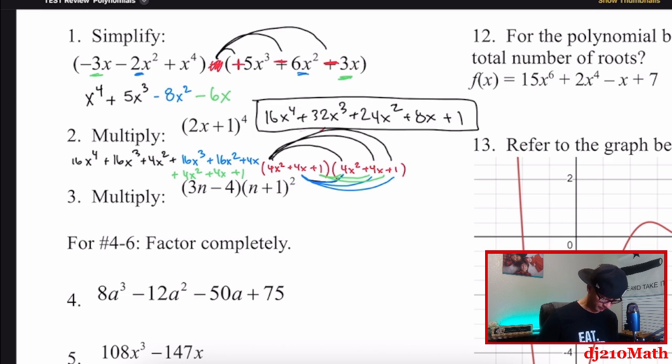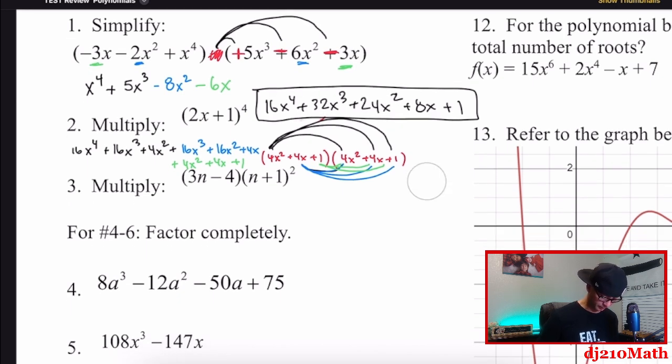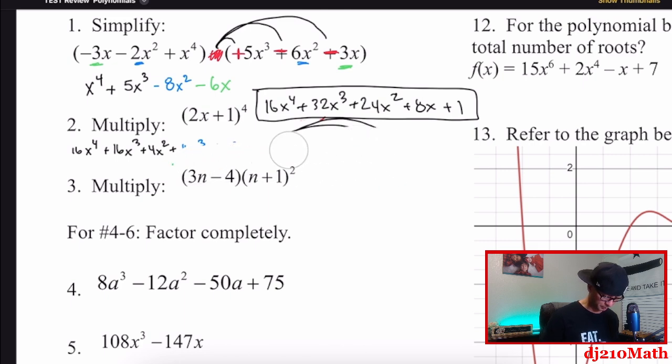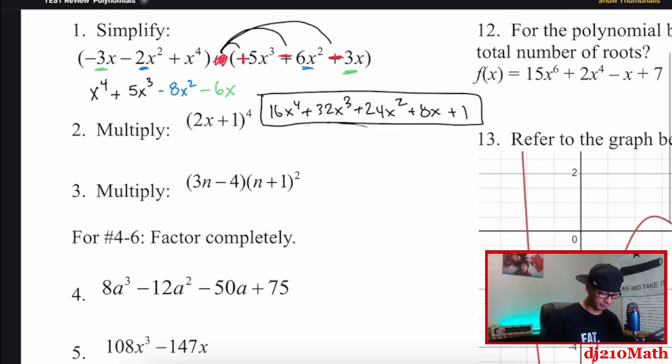Okay. Number 3. Look, I'm going to erase this so I can have some room. Okay, this is going to be n plus 1 squared, right? So here, if you've followed my channel at all, you know how I do squaring a binomial.